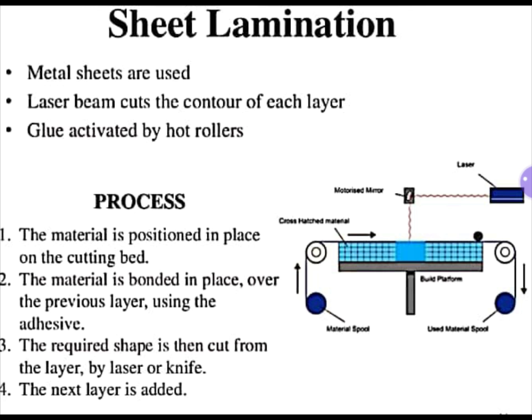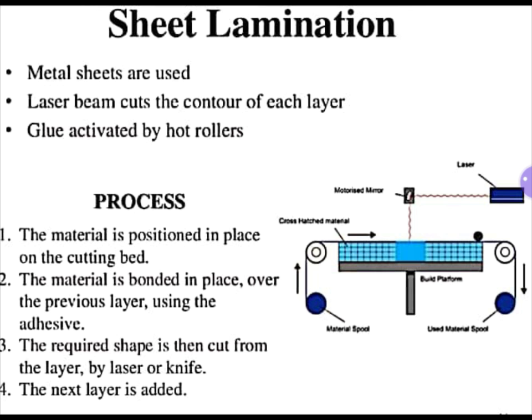And if you're using ultrasonic additive manufacturing, in this method we are going to use metal sheets. You know that in order to join two or a number of metal sheets, we cannot make use of adhesive. So here we are going to use welding.